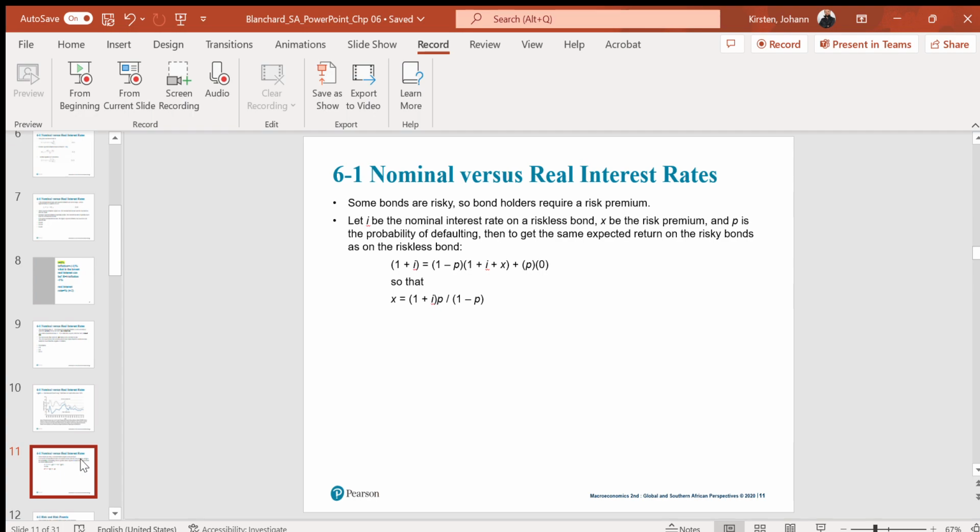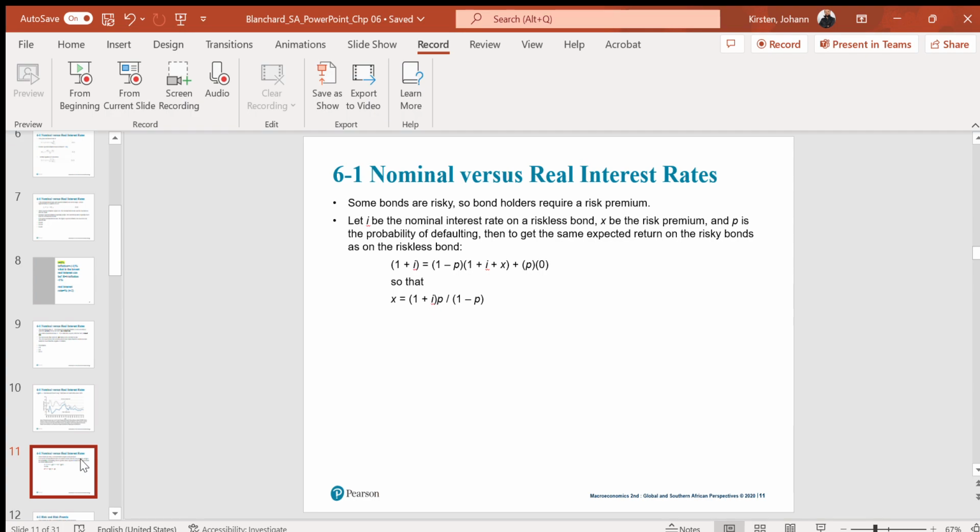Now, it's important to understand what attracts investors to hold riskier bonds, and we call that a risk premium. So if you want people to hold your risky bond, you need to give them a higher premium, which is just an addition on the interest you're already giving them. So if I give them 5%, I will give them a risk premium of 2%, meaning they're going to get a 7% return on the bond. So the risk premium of 2% will be added on the interest.